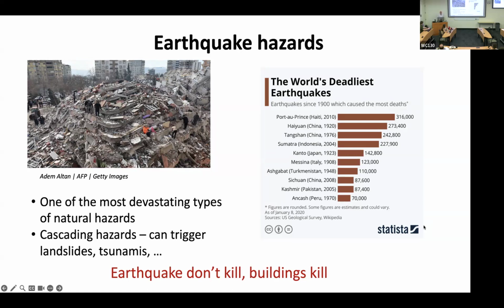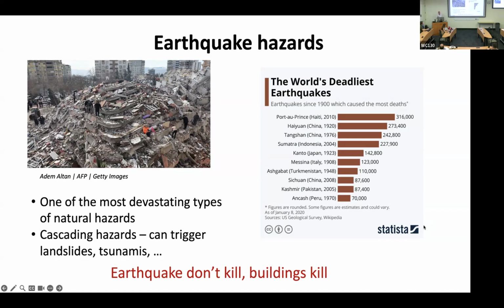On the right-hand side, you can see some of the most devastating earthquakes of the past century, since the 1900s. And top of the list, you may remember the Haiti 2010 earthquake that caused the death toll of about 300,000, although some estimate revise it down to 220,000, but it's up there. And then there were two very devastating earthquakes in China, Haiyuan earthquake in 1920, and then Tangshan in 76.